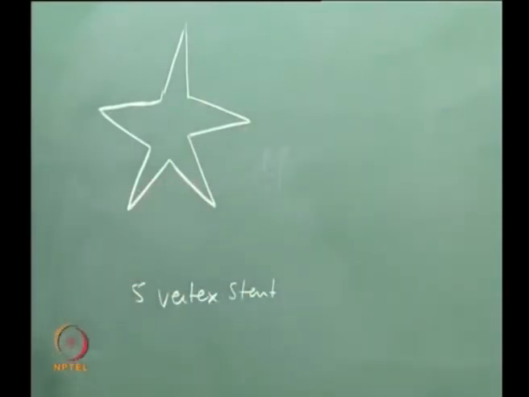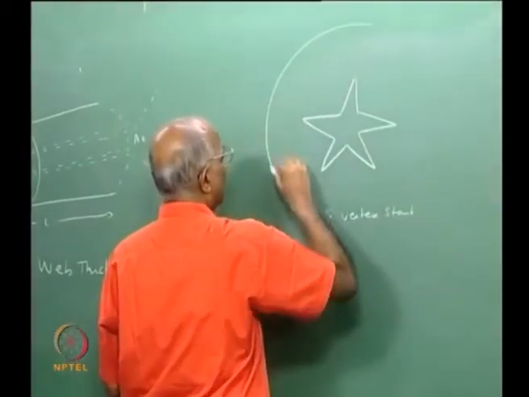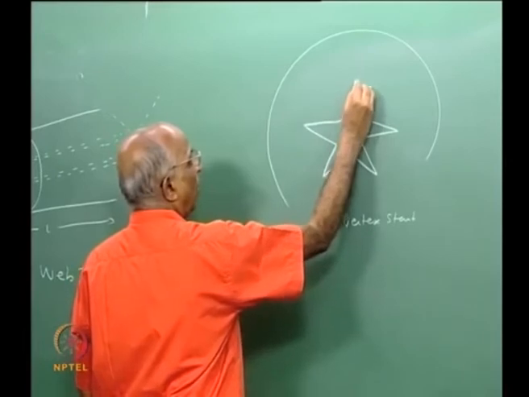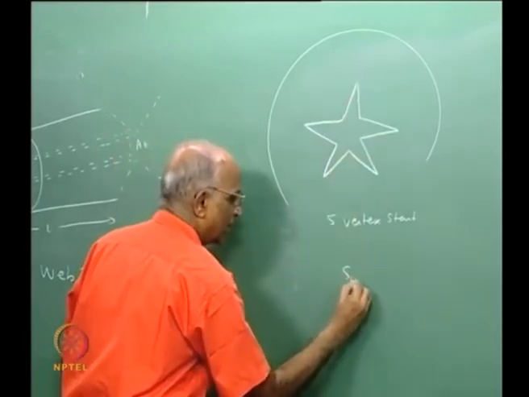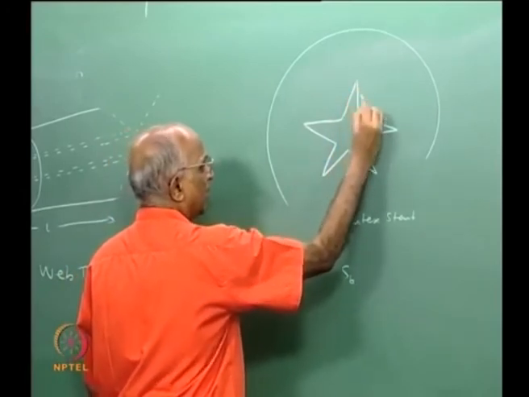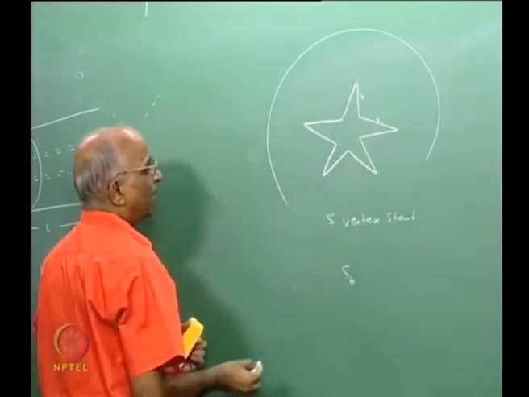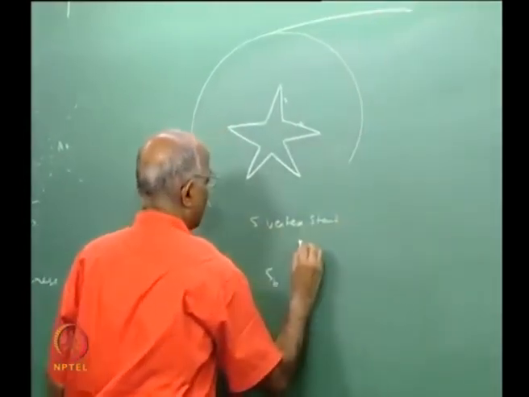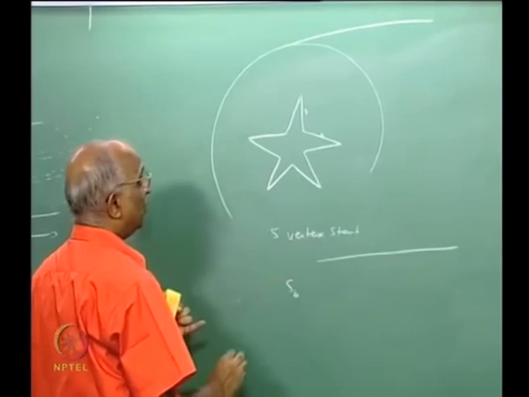How do I characterize this? That means my outer case is over here. I am interested in finding out how the burning surface area keeps evolving with time. Let us say that the sides of the star are S, and how does the grain look in the 3-dimensional plane? Well, this is my outer surface.